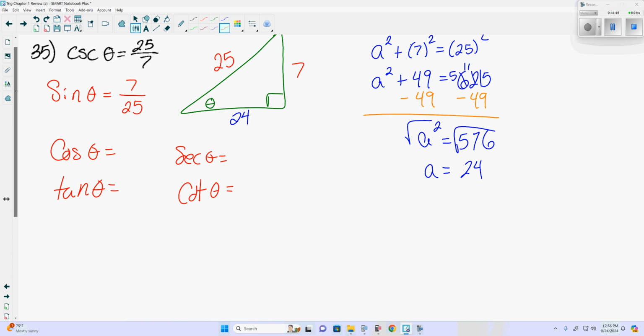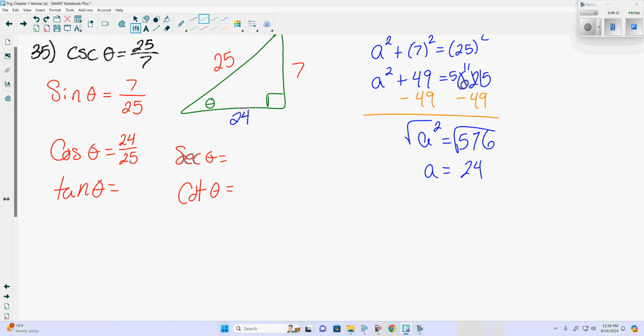That was just to find the adjacent. Because once we have the triangle set up, everything else is going to fall in line. Questions on how we finished out the triangle? Because the reason we need it is, if we look at cosine, cosine's what? Adjacent over the hypotenuse. I have the adjacent side now, 24, over 25.